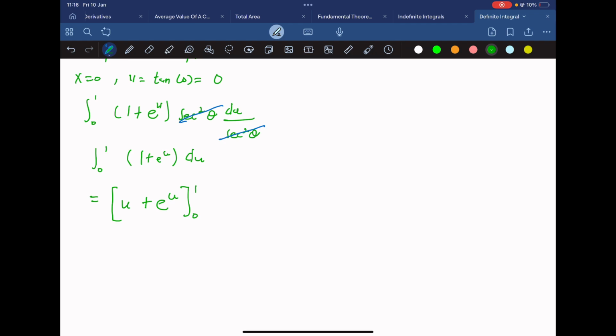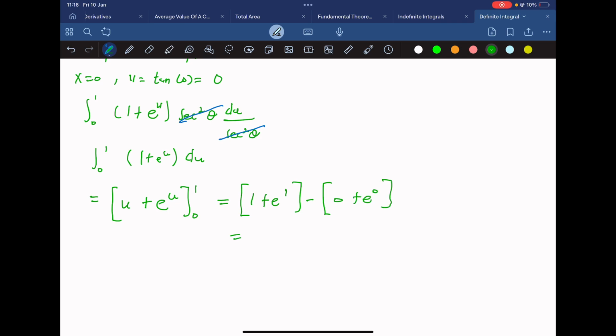Then our lower and upper limits. So we just sub in our upper limit first. So we just have 1 plus e to the u, which is now 1. Then minus, we sub in our 0, so we have 0 plus e to the 0.